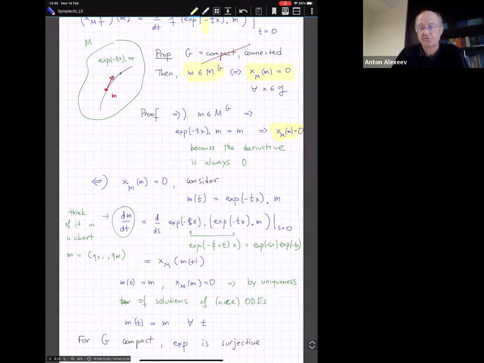We'll need the set of zeros of certain fundamental vector fields. So that's what we'll need in our theory. A priori, if you think of arbitrary vector fields, the zero sets are very wild. They don't need to be submanifolds. They can be very complicated and unpleasant. But we'll see next time that the fixed point sets of actions of compact groups are nice.